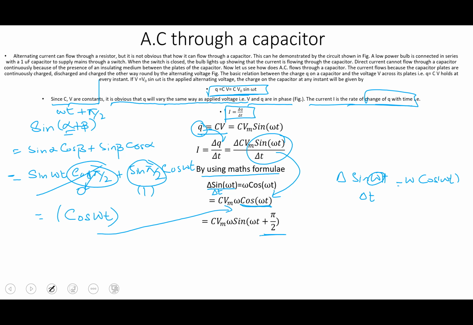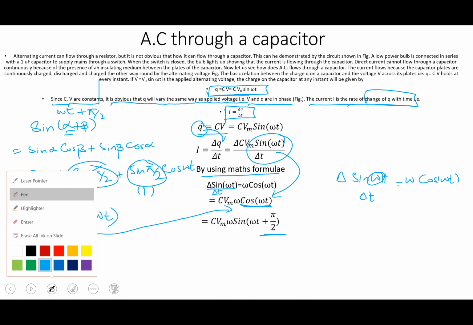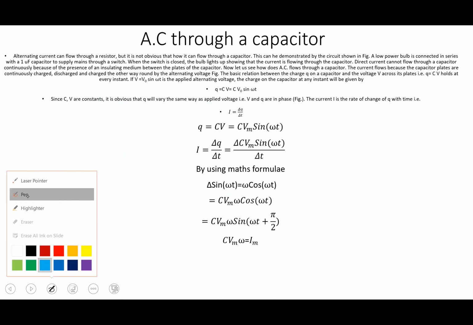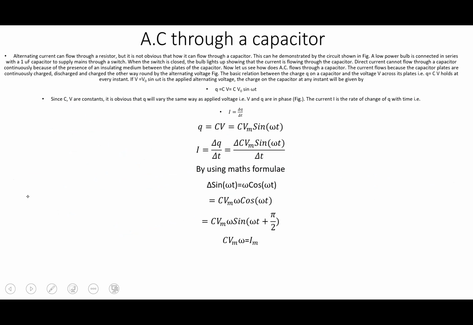So let us represent it graphically as well, so that it is clear for all of us. Just to make things easier, we represent C V omega with the maximum value of I, which is the maximum current.